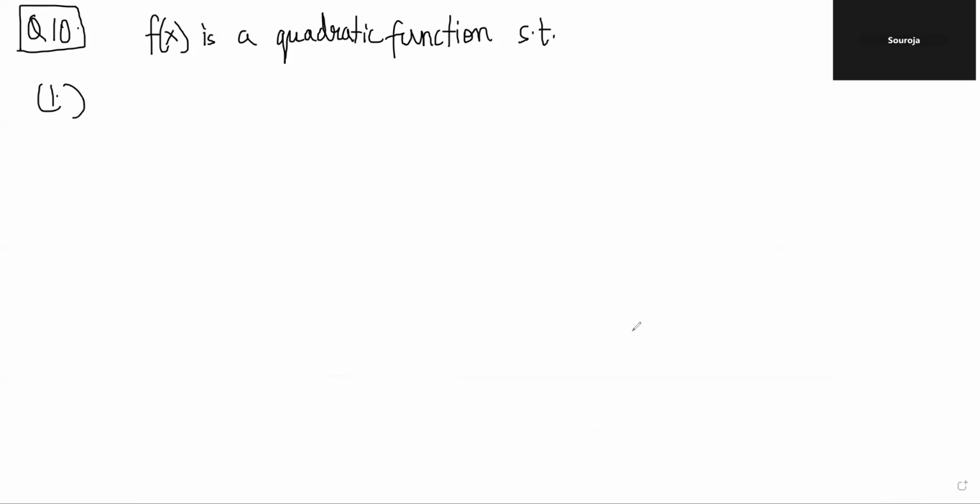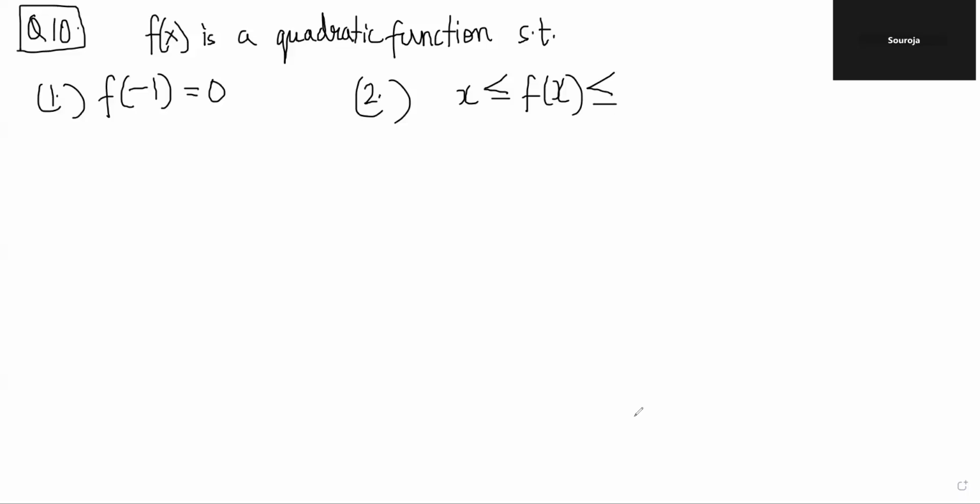Question number 10 says f(x) is a quadratic function such that, first of all, f of -1 is 0, and secondly the inequality x is less than or equal to f of x is less than or equal to (1 plus x squared) divided by 2 is true for all real x, right?